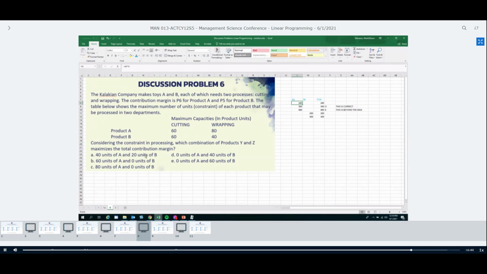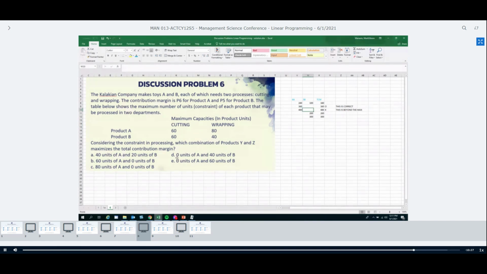So, 40 times 6 and then 20 times 5. So that's A. Sunod, 60 units of A. Okay? 60 times 6. So, okay na tayo dyan. Next, 80 units of A. And then 0 units of B. Okay na rin tayo dyan.